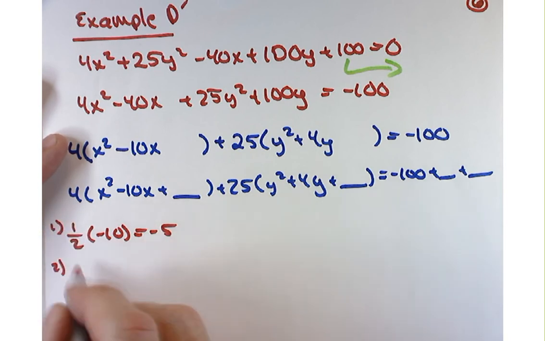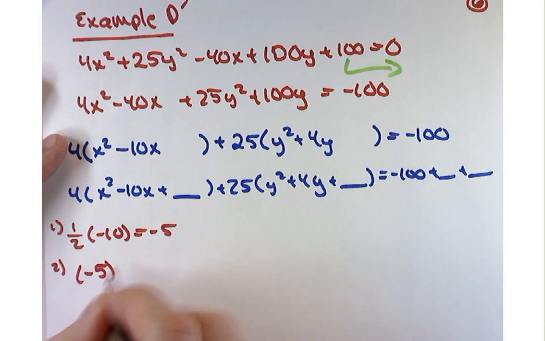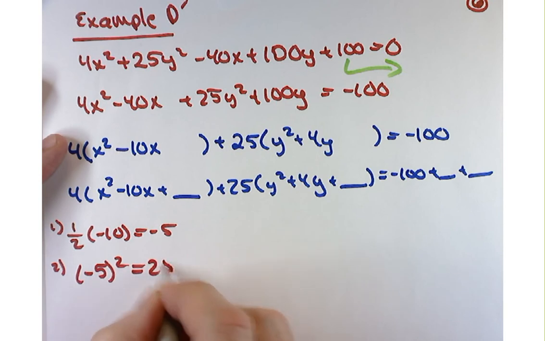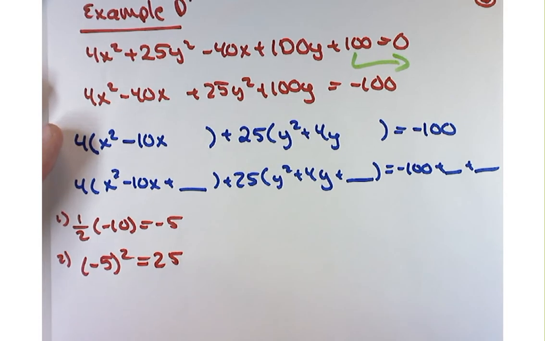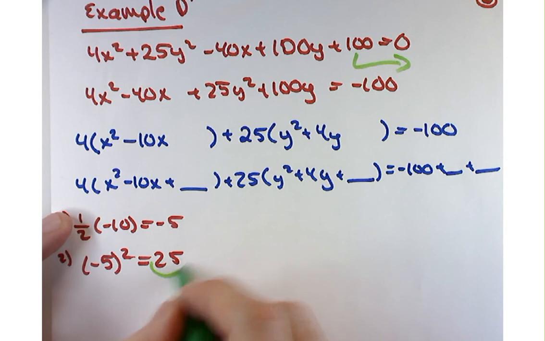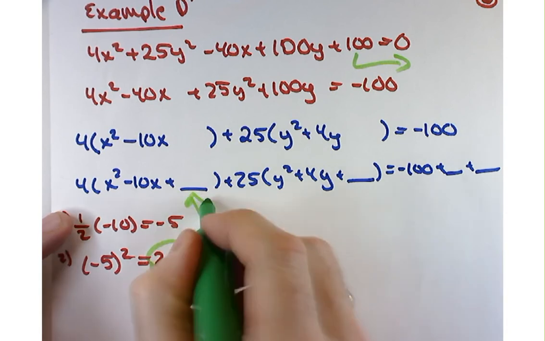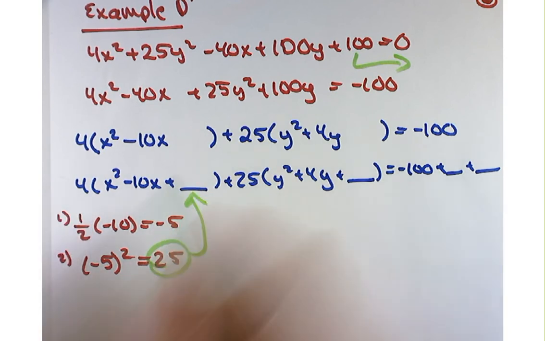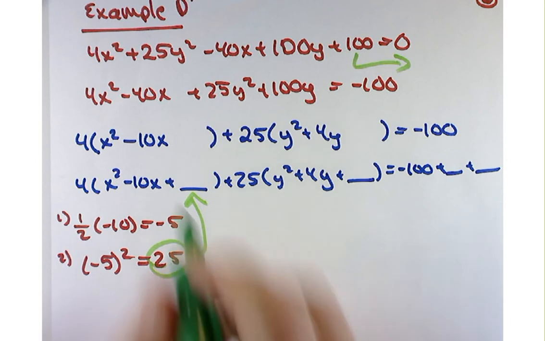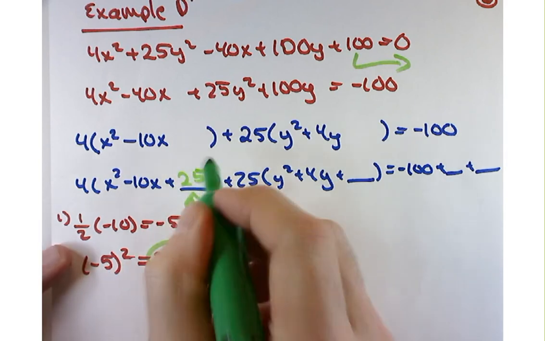The second step is to take that negative 5 and square it. And that gives me 25. Okay. Now that 25 is going to go right here. In fact, I'll put it in green, 25.